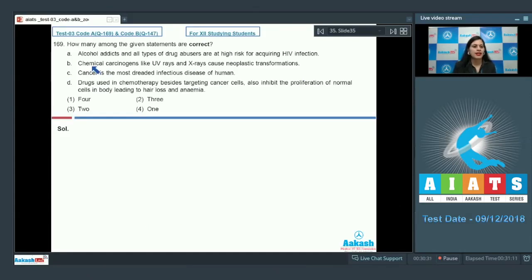Question number 169. How many among the given statements are correct? The very first statement given is alcohol addicts and all type of drug abusers are at high risk of acquiring HIV infection. And this is an incorrect statement, because alcohol addicts are more prone to liver cirrhosis rather than HIV infection.